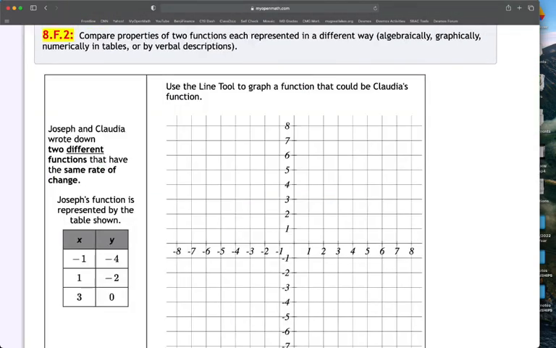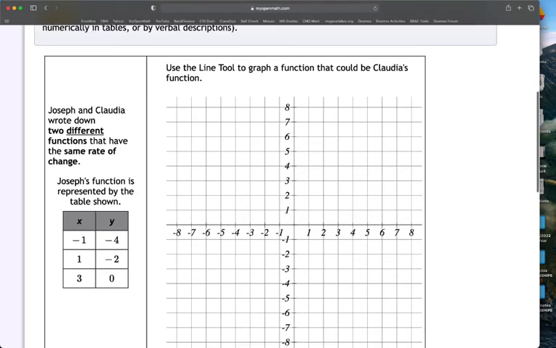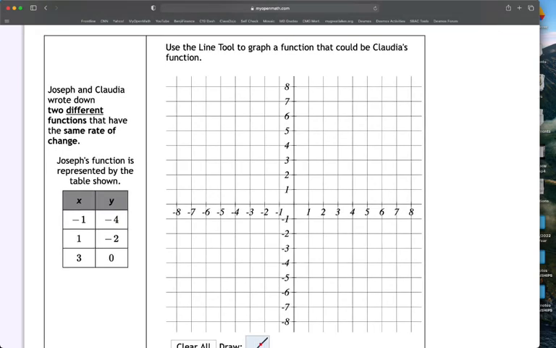Continuing with our standard 8.F.2, where we are comparing functions in different ways. Here we have a table, and then we're going to have to create a graph based upon the information found to the left of that. So Joseph and Claudia wrote down 2 different functions that have the same rate of change.